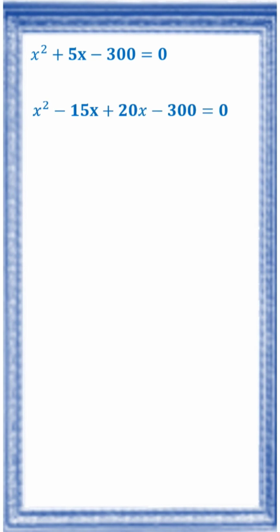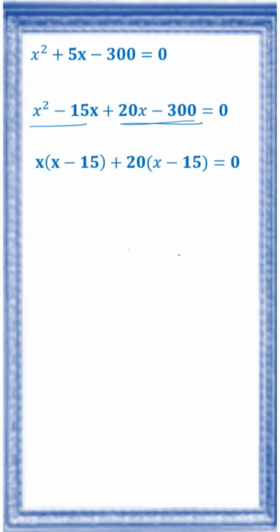Minus 15 plus 20. So x square minus 15x plus 20x minus 300 is equal to 0. Now group. Here x is common, here 20 is common. Now x into x minus 15 plus 20 into x minus 15 is equal to 0.